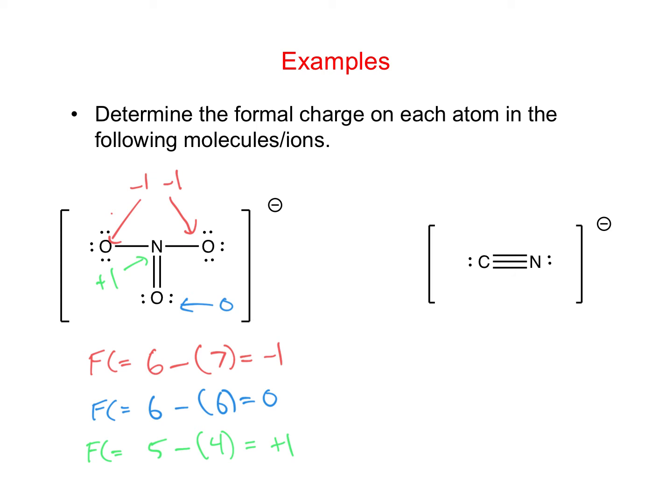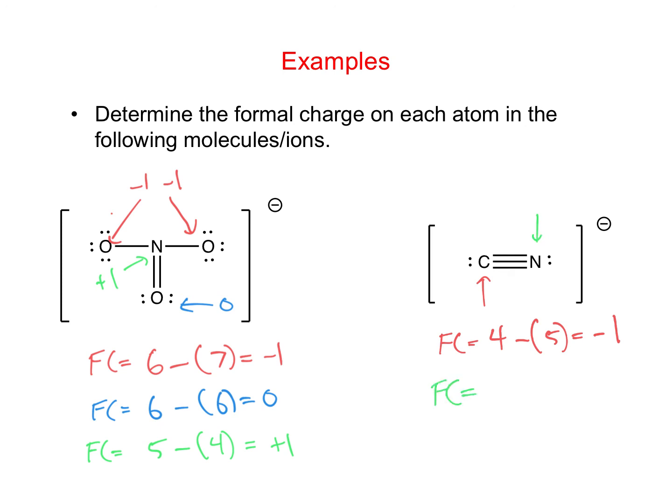Alright, let's finish up with the cyanide ion. So we'll do carbon first. And so carbon would normally have 4 valence electrons. It has 2 balls and 3 sticks, so that's 5. So the formal charge on that carbon is minus 1. And then we'll do the nitrogen in green.